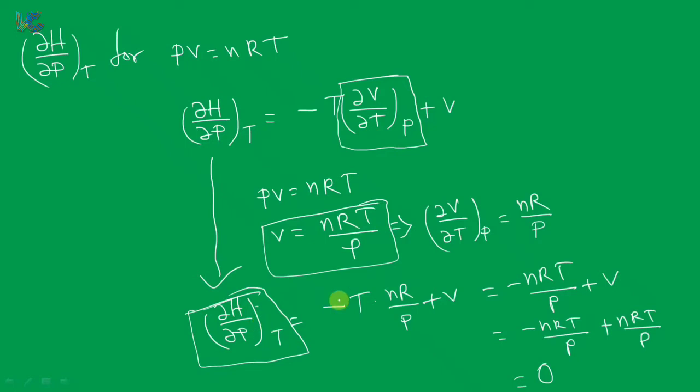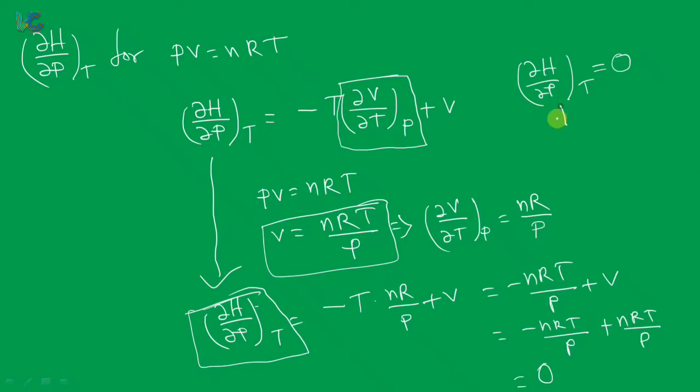So from this result, what do we want to measure? We want to measure del H del P at constant T for the ideal gas equation. For the ideal gas equation PV is equal to nRT, we are getting del H del P at constant T equal to 0.